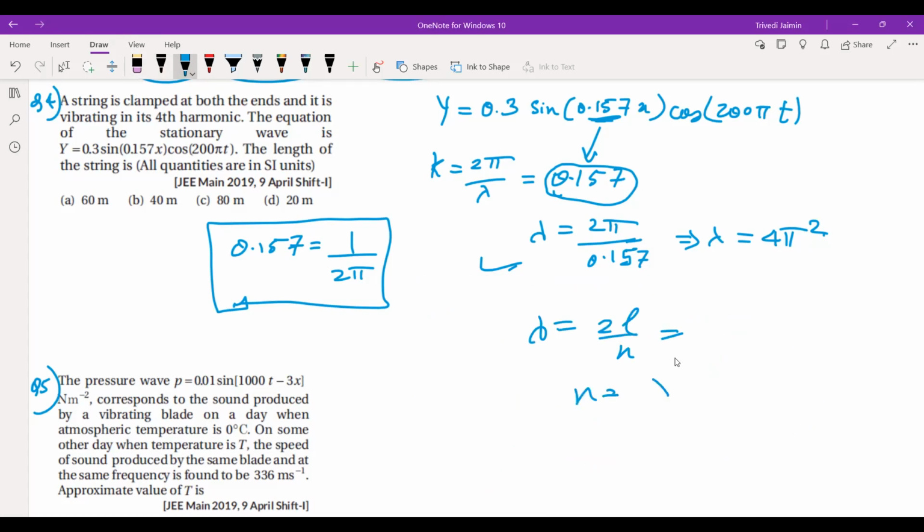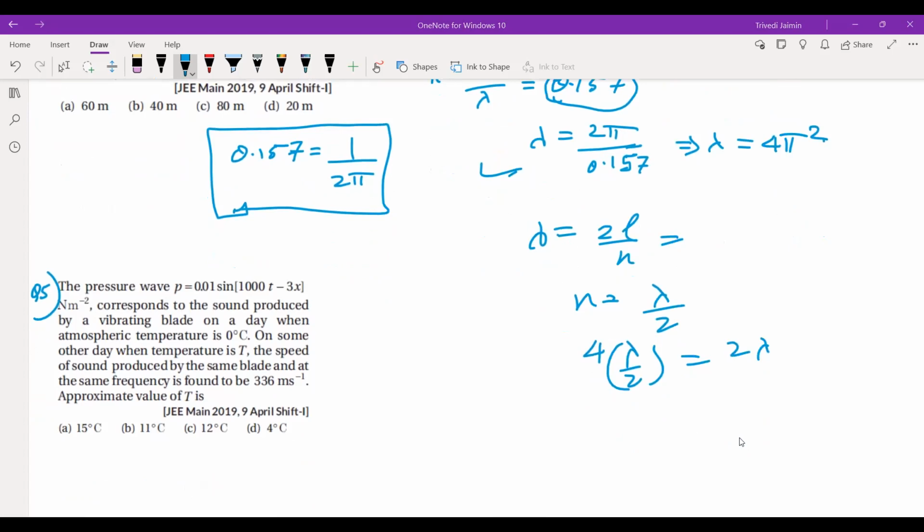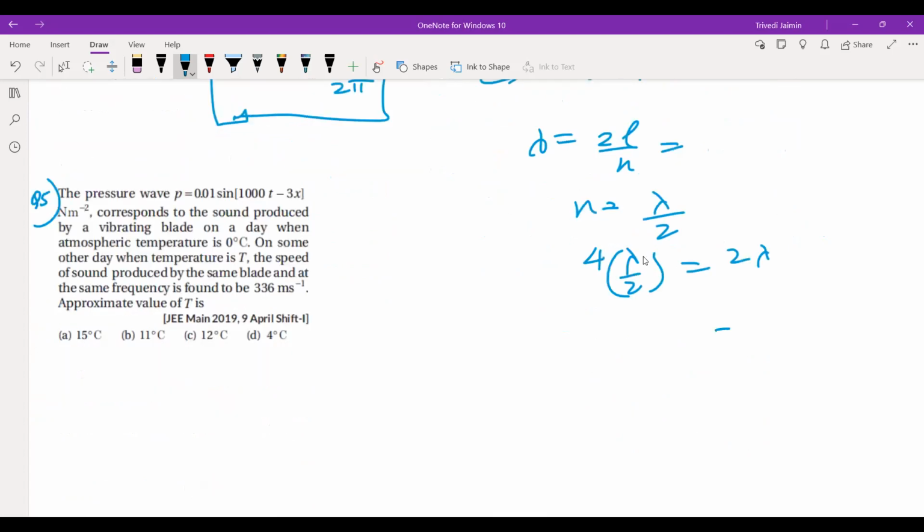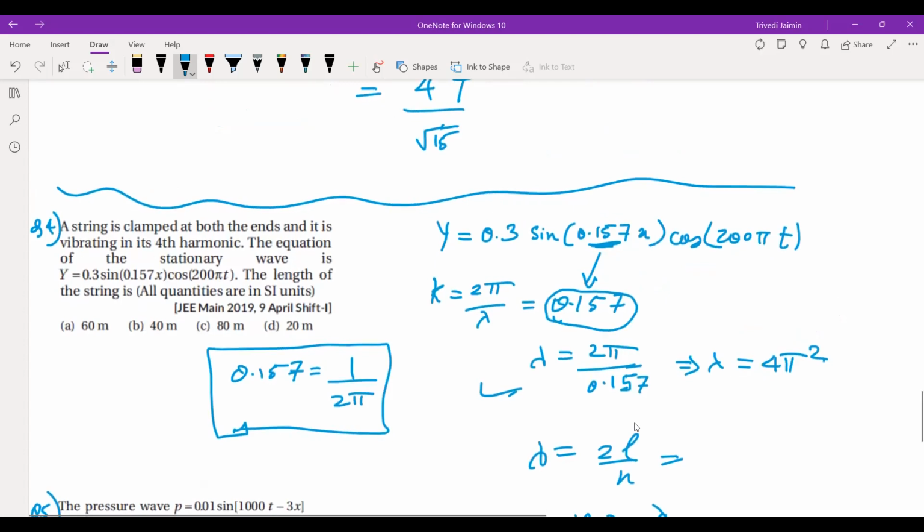So L equals to n into lambda by 2, which is fourth harmonic, 4 into lambda by 2. We have lambda as 4 pi square, which is 8 pi square. And here each is 10 centimeter, na?